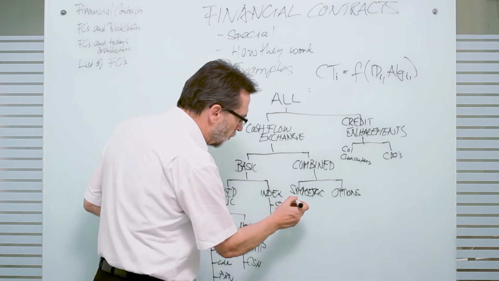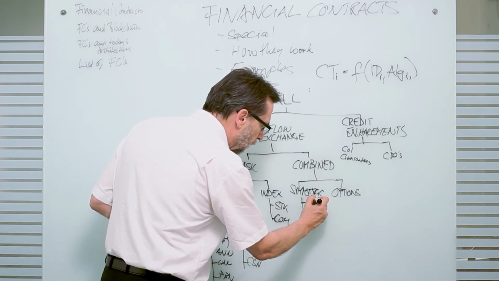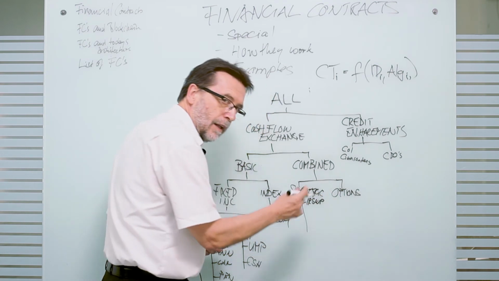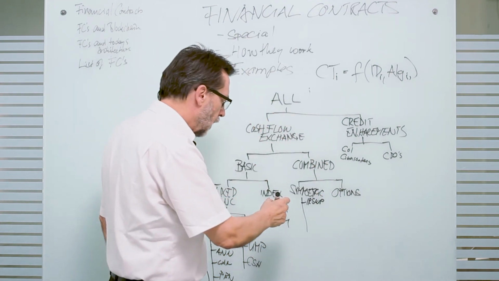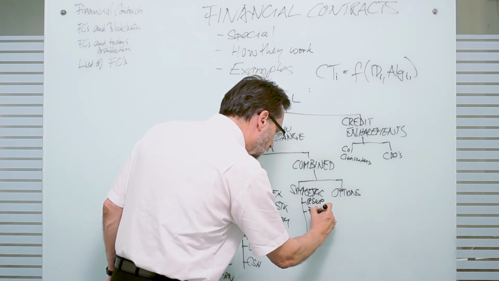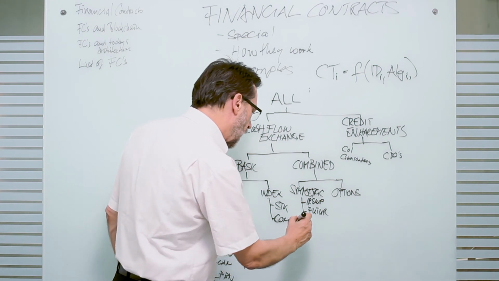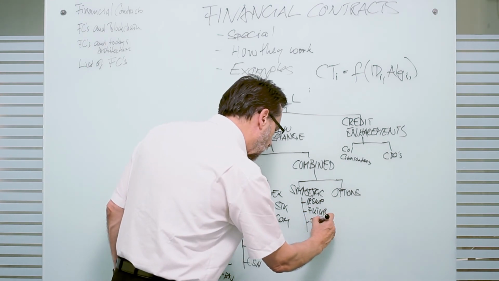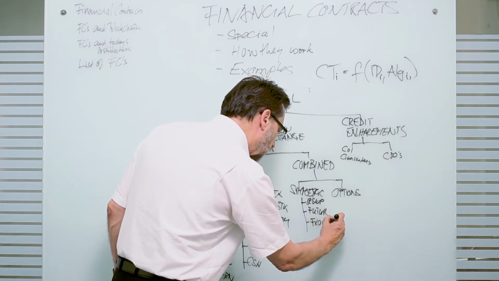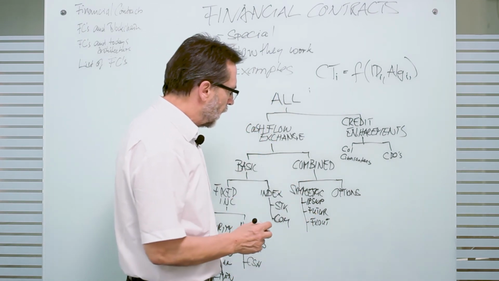And among the symmetric ones, we have the interest rate swap. That one is the one which I showed you. You have futures. We have FX outright, where we exchange just two different currencies. I think these are the main ones.